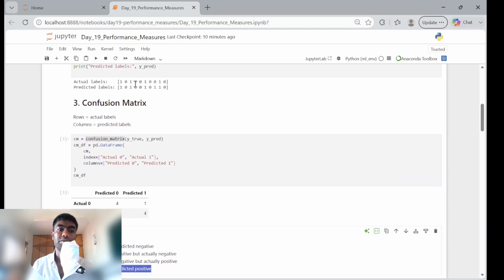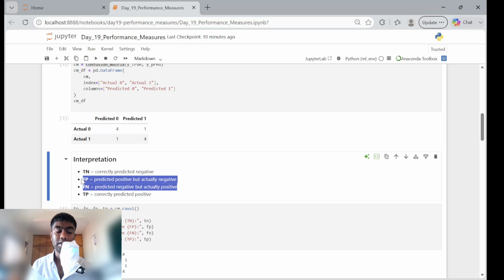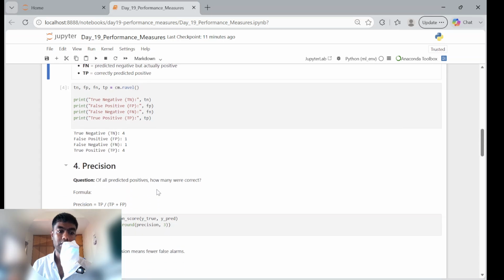Or let's say we ask for one, and it predicts zero, saying 0 is 1, then it is predicted positive but a false result, right? So that's a false positive. And let's say we send a 0 and ask if it is 1, and it says negative, then it's a false negative, right? Slightly tricky wording here, but I hope it makes sense.